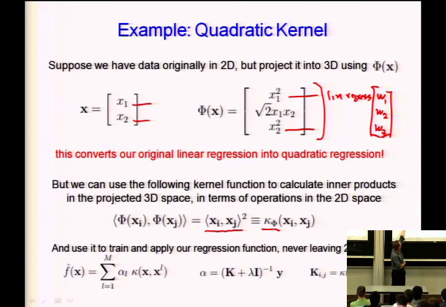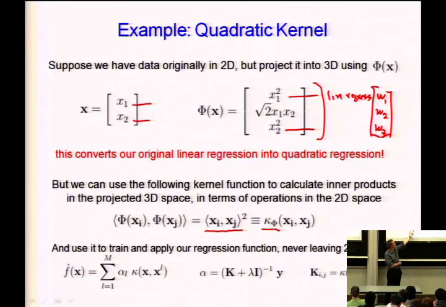Now, if I want to work in the original space, then kappa is just literally the dot product of x times xl. If I want to work instead virtually in this three-dimensional quadratic space, then instead I say, well, kappa is the dot product of x times xl squared.